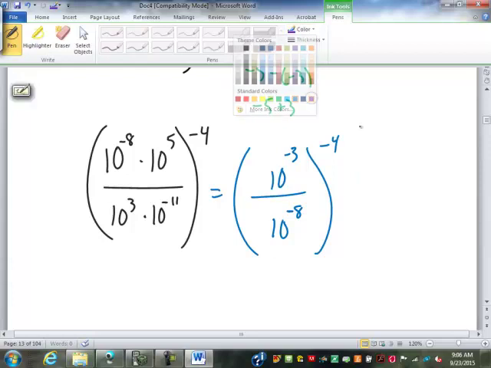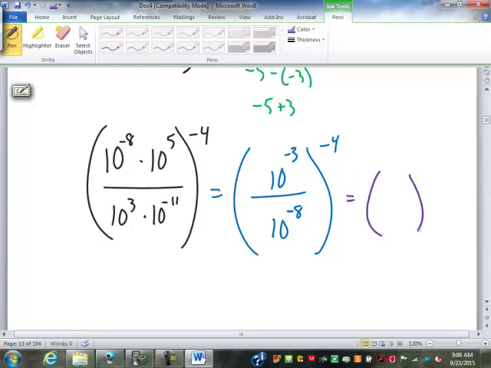Now we're going to divide. 10 to the negative 3rd divided by 10 to the negative 8. Negative 3 minus negative 8 is negative 3 plus 8, or positive 5. Then 10 to the 5th to the power of negative 4 is 10 to the negative 20.